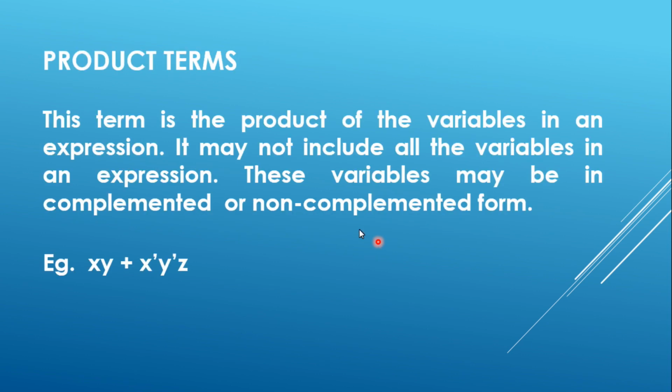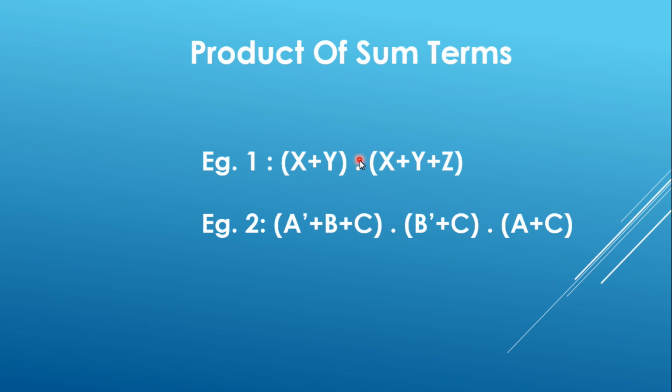So by definition, the product terms are the product of the variables in an expression. They may have all the variables, may not have all the variables, may be in complemented form or may not be in complemented form.